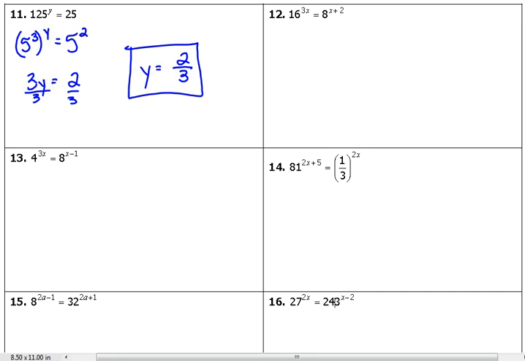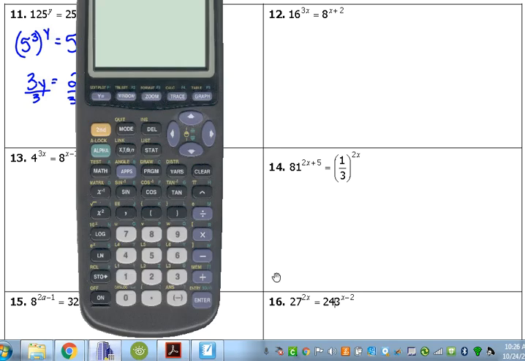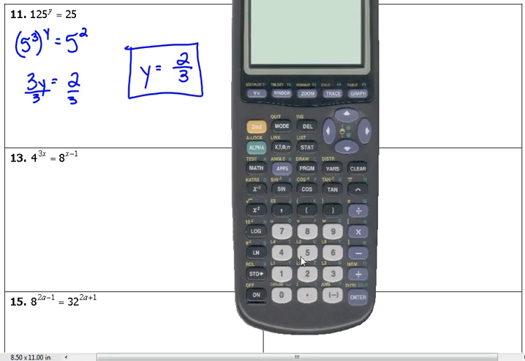Now, when you're checking this, there's not more than one thing in the exponent, but your exponent is a fraction. So if you're trying to plug this back in to check, you do have to put the 2/3 in parentheses, or it's going to seem like it's not the correct answer.